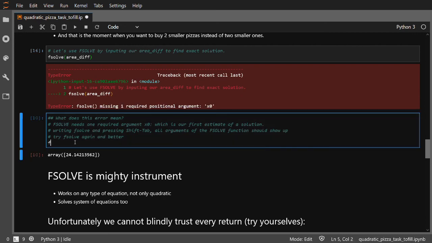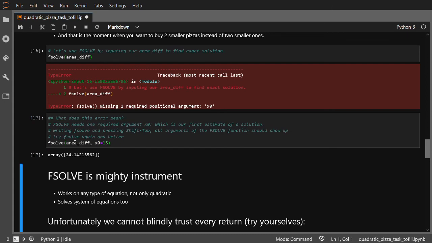So let's do it according to what it tells us. fsolve, we put area_diff as before, and now we add one argument, which is x0, and we set it equal to 15. Now fsolve runs and returns a number, 24.14, which, you remember, should be between 24 and 25, so it returns a correct solution.